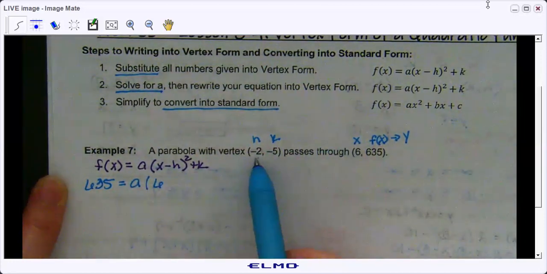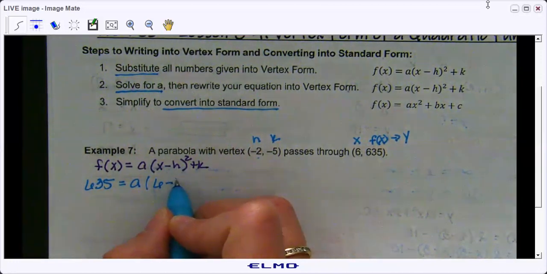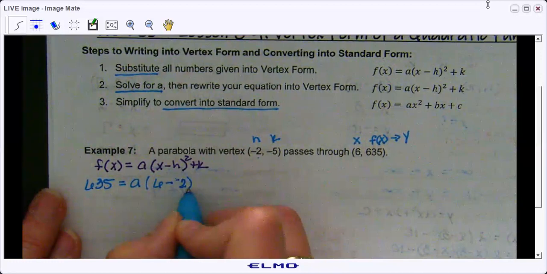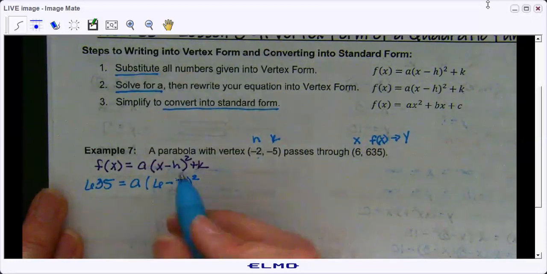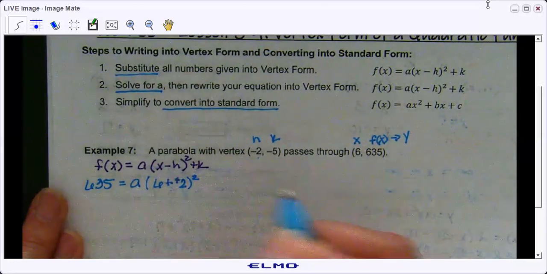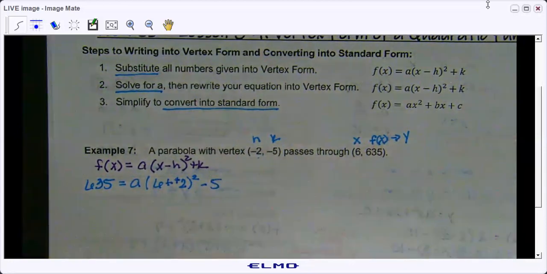H is -2. So minus a -2, I had to think about that for a minute. We change that minus a -2 to plus a positive. And then my K is -5. Are there any questions on how to plug in all those numbers?